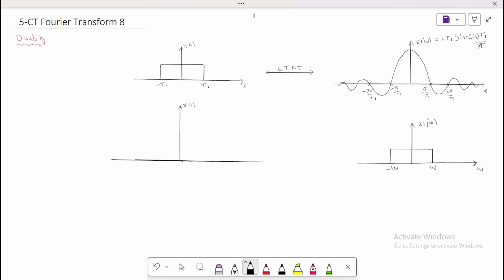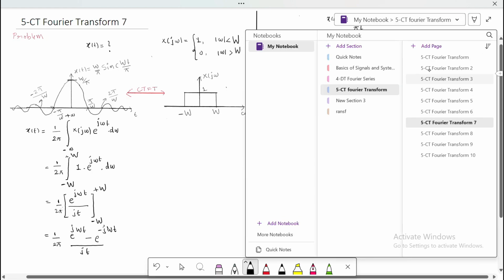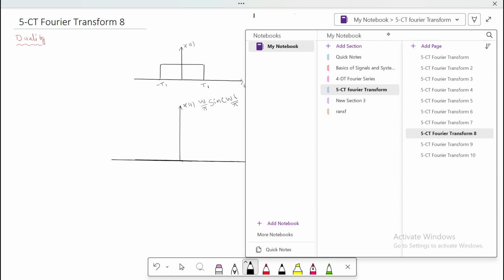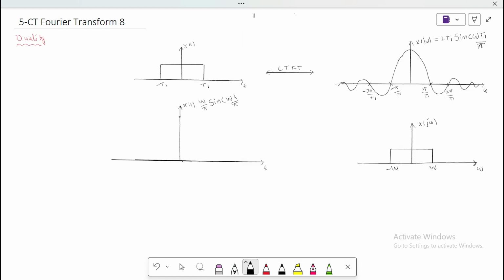So x of t equals w by pi sinc wt by pi. Actually, I remember the formula. So this is the maximum magnitude 2T1.